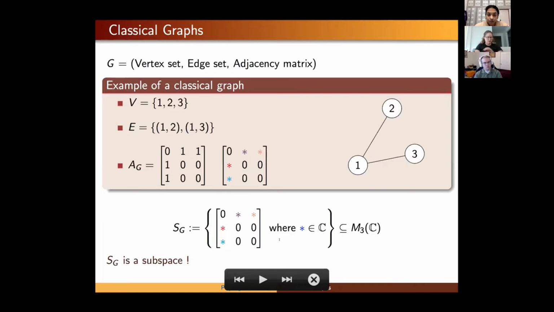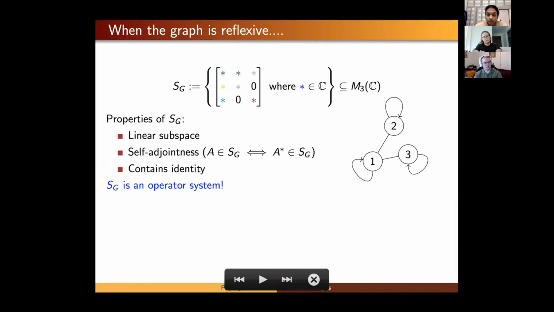So we are going to look at matrices of this form that are similar to the adjacency matrix, but the ones are replaced by different complex valued numbers. And in this particular case, it's just a subspace. But if you further assume that the graph is reflexive, which means that there is a loop around each of these vertices, then we also get the additional property that the identity matrix belongs to this set.